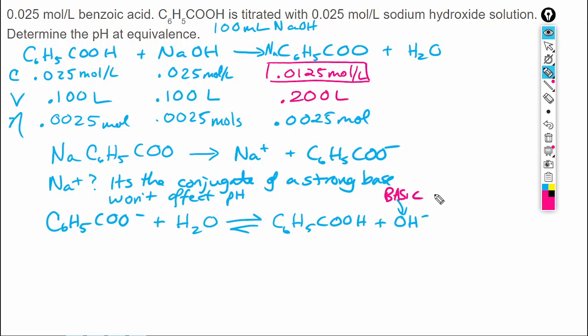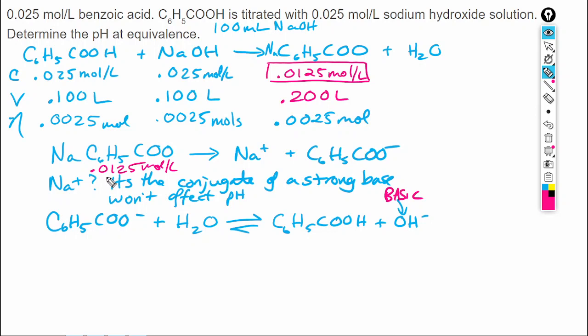Okay. What's my concentration of the sodium benzoate? So what's the mole ratio between the sodium benzoate and the sodium? 1 to 1. What's the ratio between the sodium benzoate and the benzoate? 1 to 1.